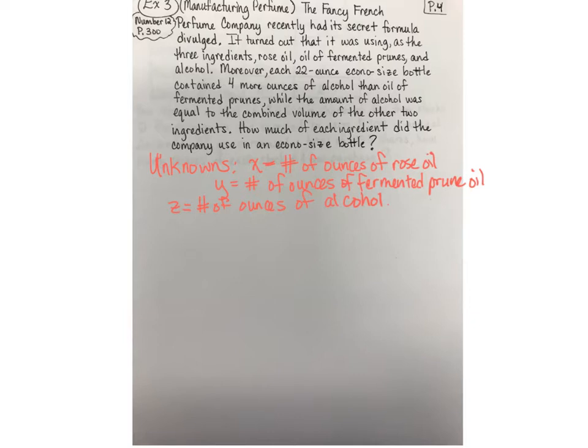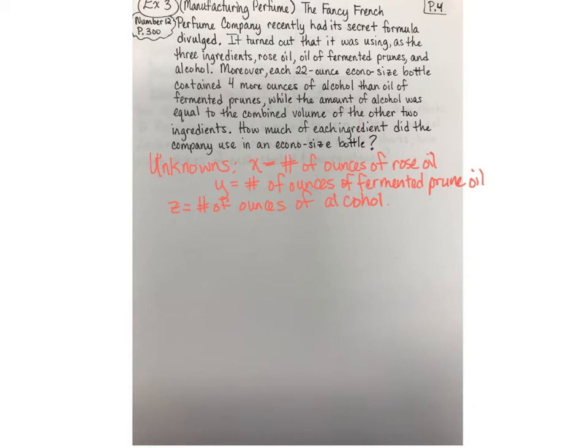Well, let's take another read. It says, moreover, each 22-ounce econo-sized bottle contained 4 more ounces of alcohol than oil of fermented prunes, while the amount of alcohol was equal to the combined volume of the other two ingredients. So now let's interpret this. What we know is each 22-ounce econo-sized bottle contained all of this.